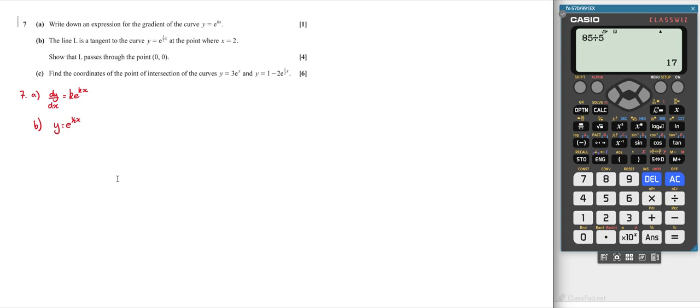So if x equals 2, we know then y equals e to the half times 2, which is just e. So the line passes through the point 2, e.